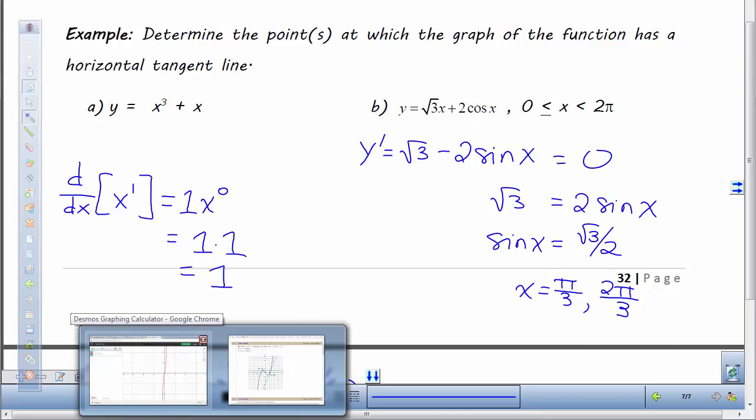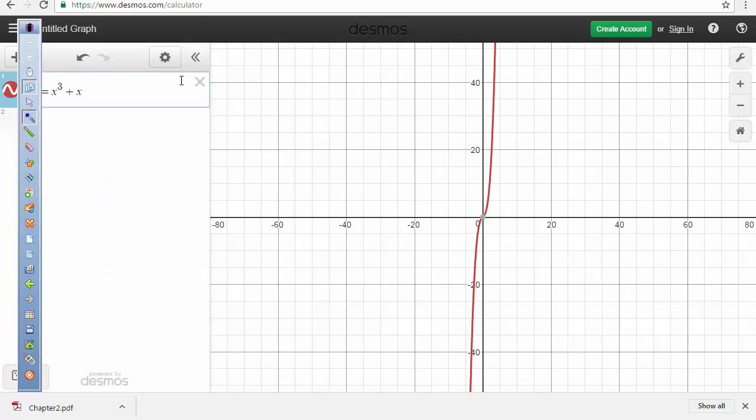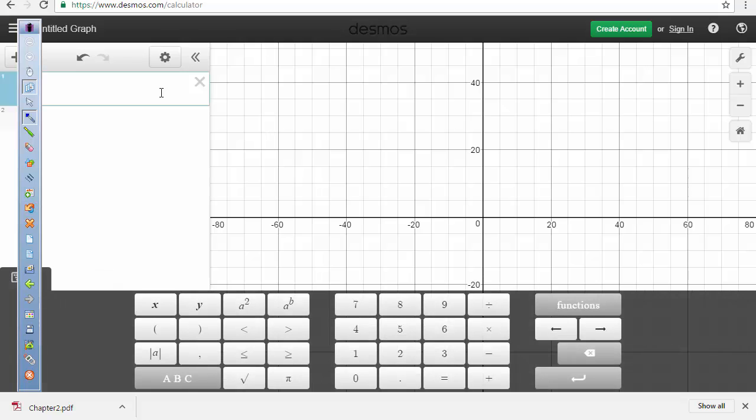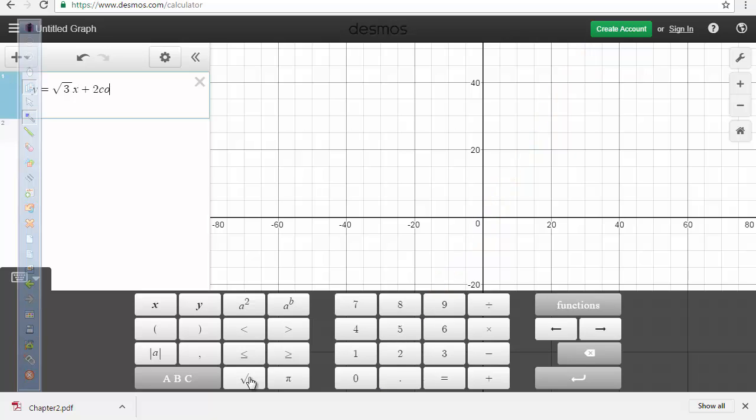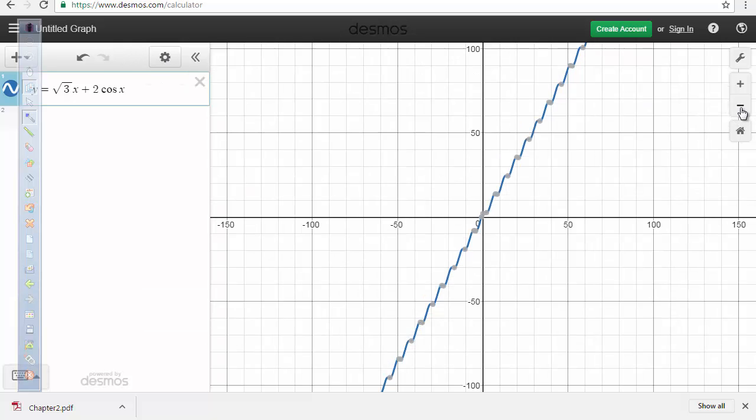Root 3 x plus 2 cosine x. Ooh, that's interesting. All right, let's see. I'm going to zoom in a good bit.